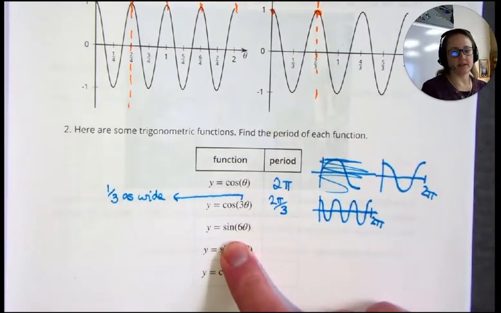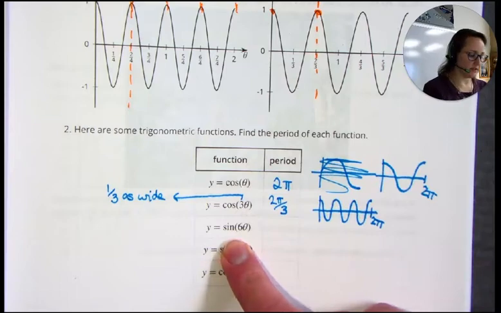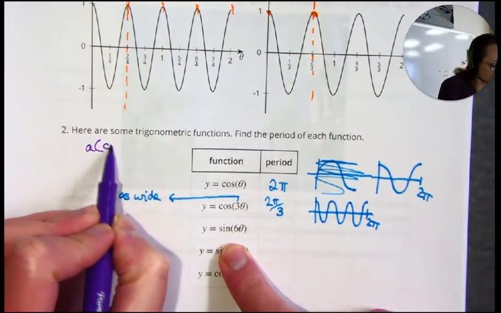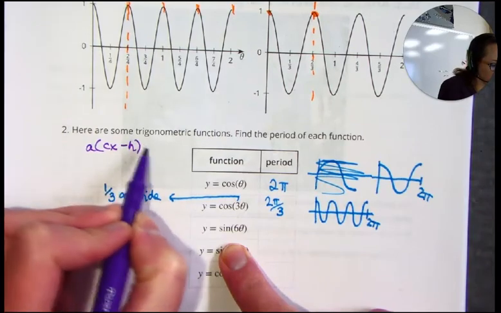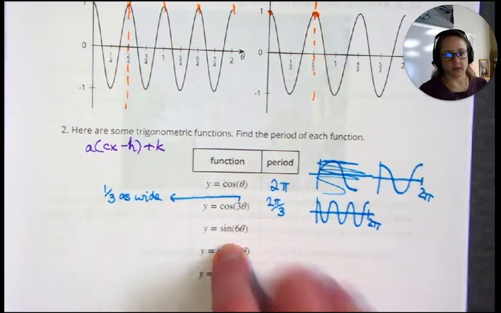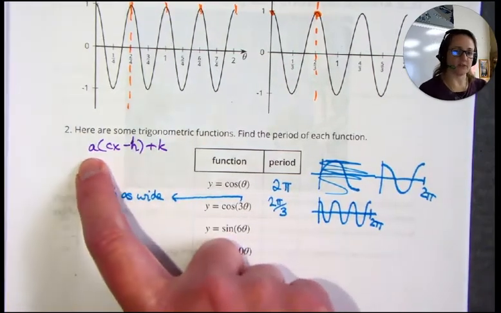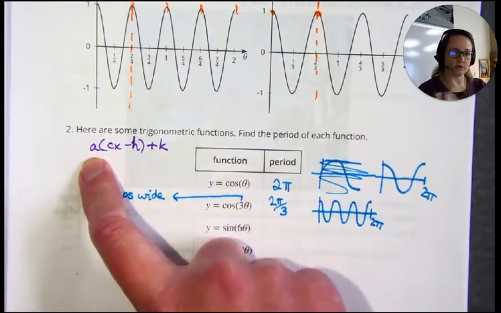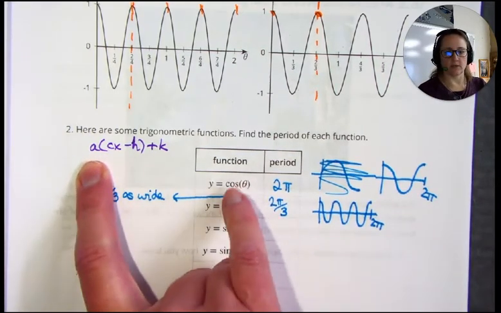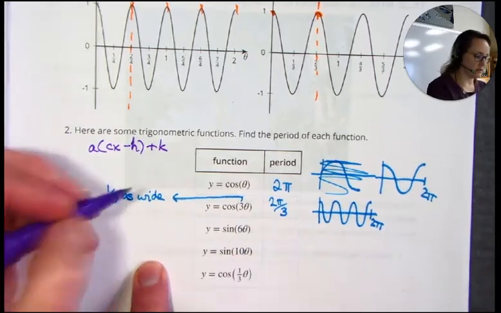Let's take a look at our next one. And again, we're still using that same idea of what we had back from Unit 5. Remember that everything inside the parentheses often happened backwards of what we thought. So a number out front is going to stretch something taller and shorter, exactly like we would expect, exactly like a scalar works. But these ones are inside. These are the C values.